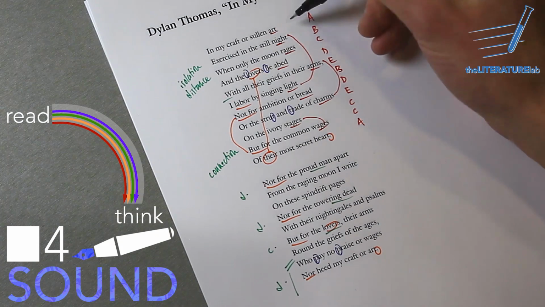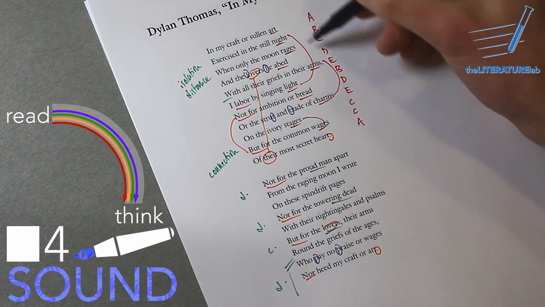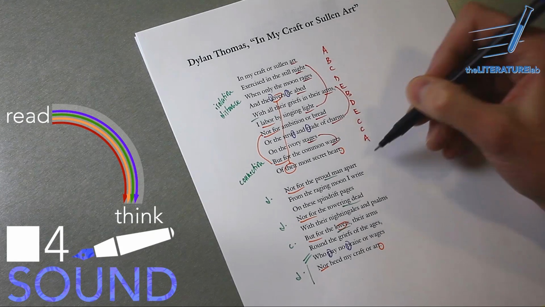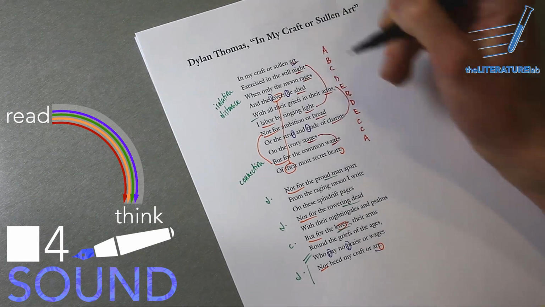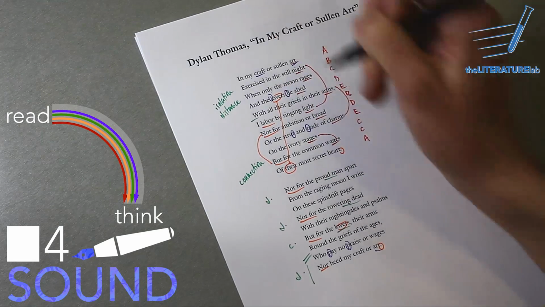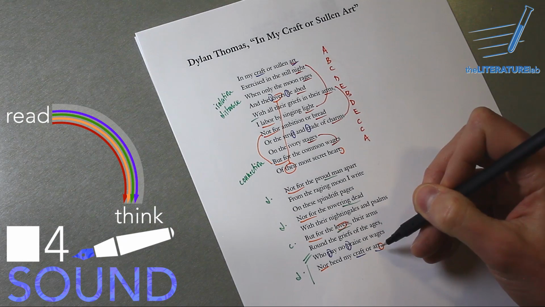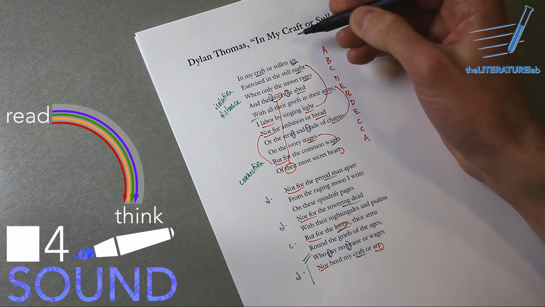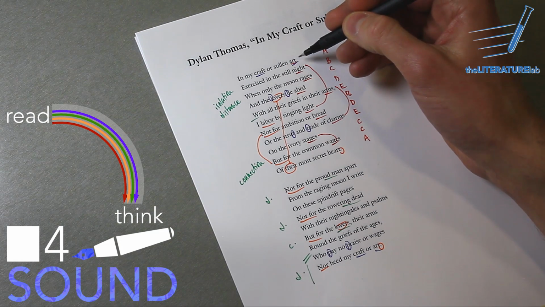But let's look at the repetitions of words instead of letters. The repetitions of words, of course, we've already noticed with the rhyme scheme, the repetition of rhyming actual words. And you have words like art and art at the beginning. In fact, you have craft and art repeated at the beginnings and at the ends of the entire poem, which of course is part of the whole structure, or rather the theme of the whole poem, that he is writing his poetry alone.